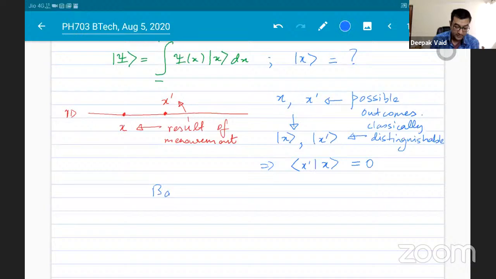Okay, so what happens is you have an infinite dimensional Hilbert space which has a basis given by this set of vectors ket x, where x is a real number. And so this is infinite dimensional.